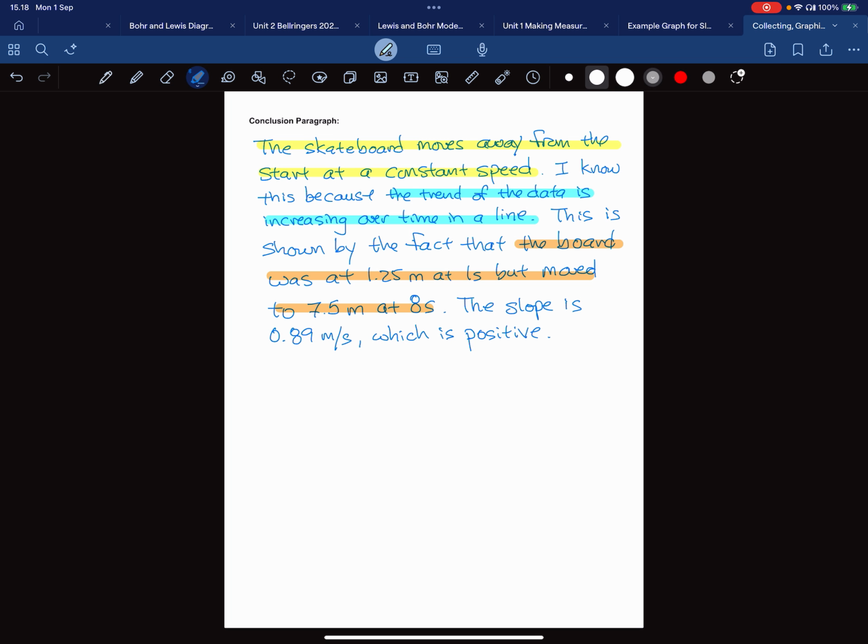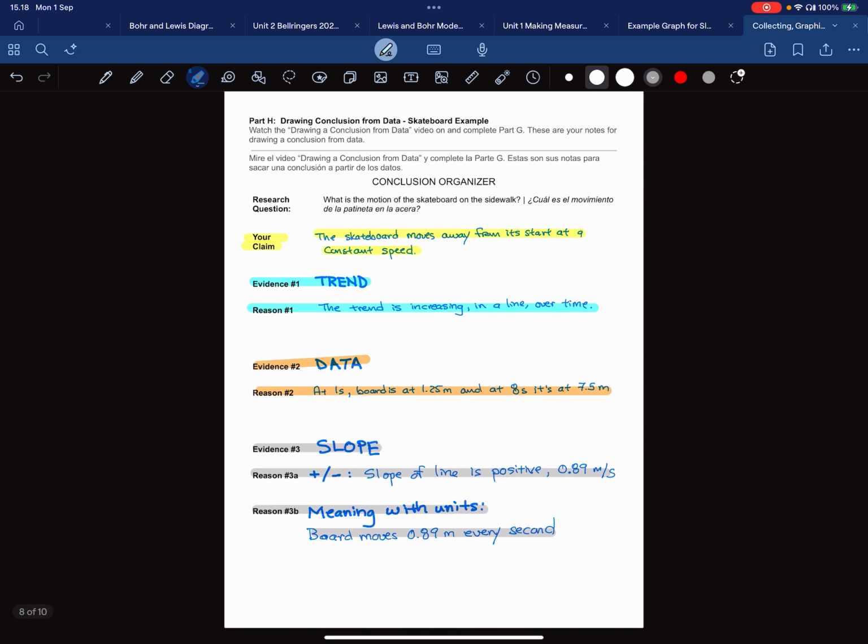So that's the first part of that. This means that the board moves 0.89 meters each second. And that's the second part. And that is a complete conclusion.